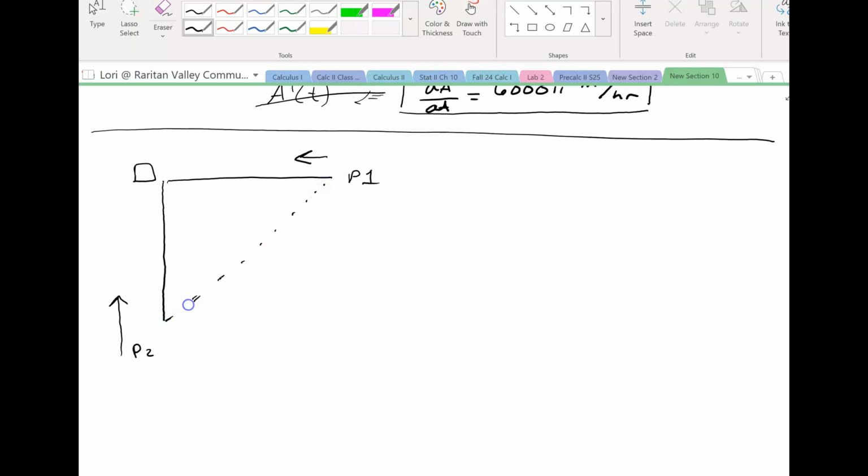All right, let's finish the diagram first. So I'm going to use measurements x, y, and z. I'm going to call this x, this y, and that z, just to make it easier for us.